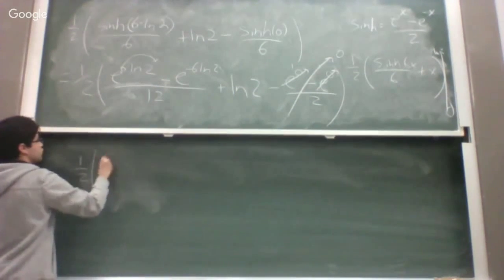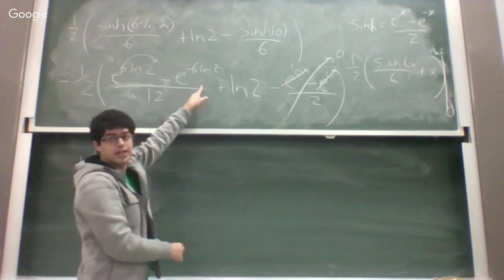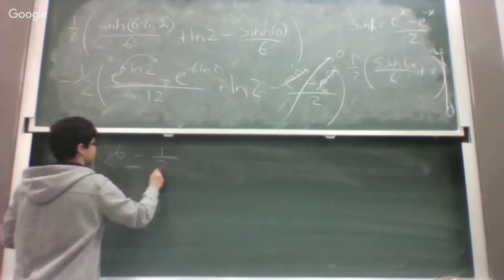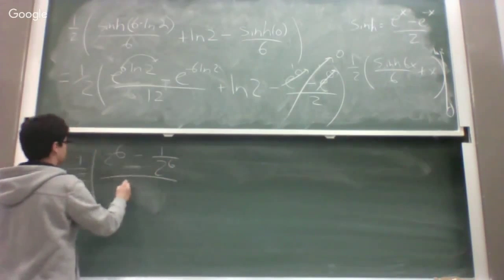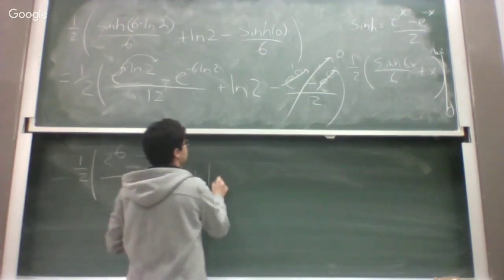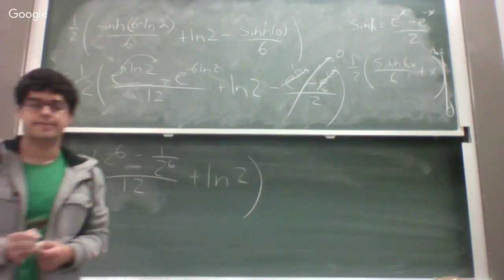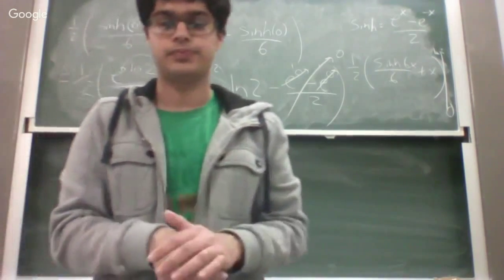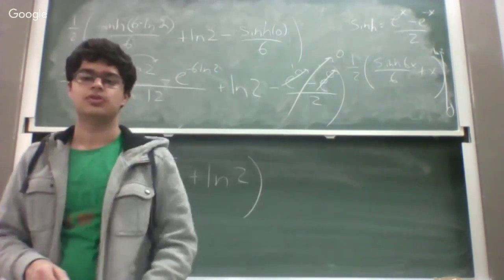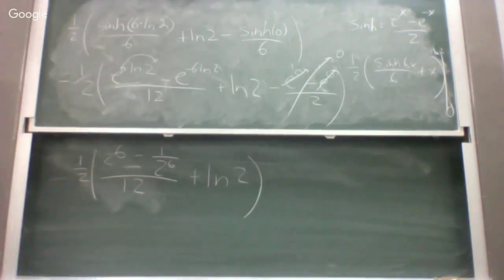So we'll have 2 to the 6th minus, that would be 2 to the negative 6, so 1 over 2 to the 6th, all over 12, plus the natural log of 2. I have 6, but on the test it might not be that big. But what is 2 to the 6th anyway? 64?